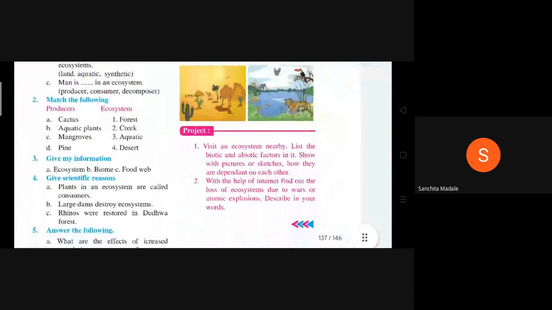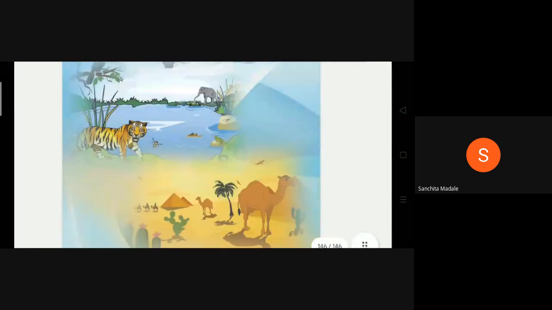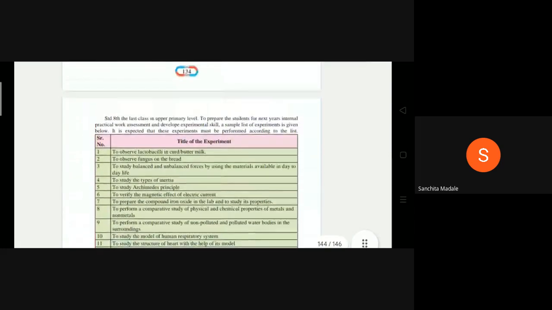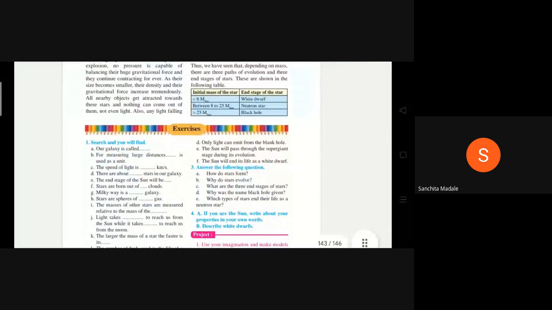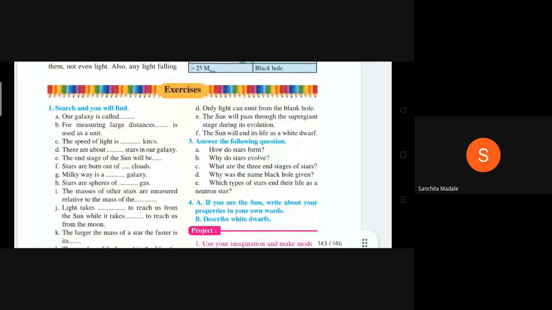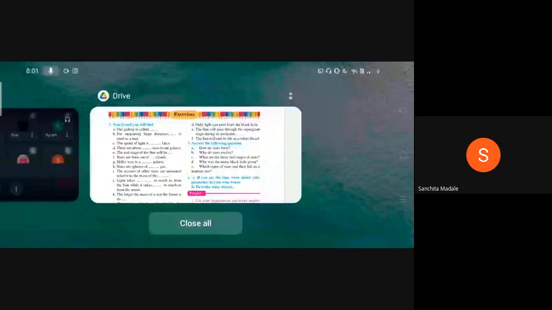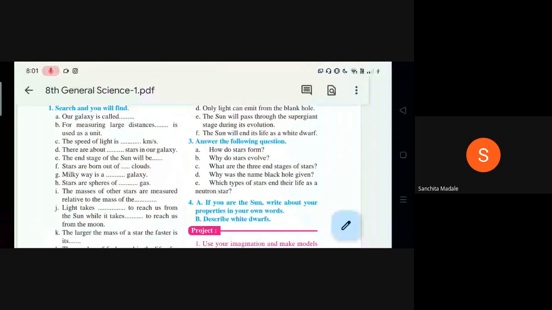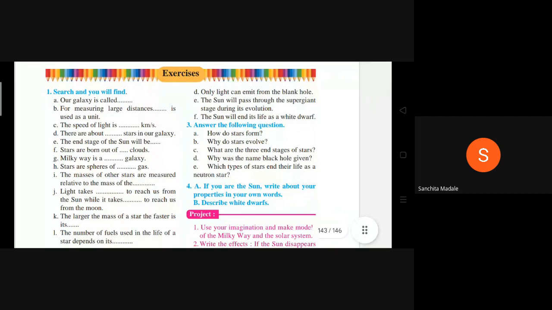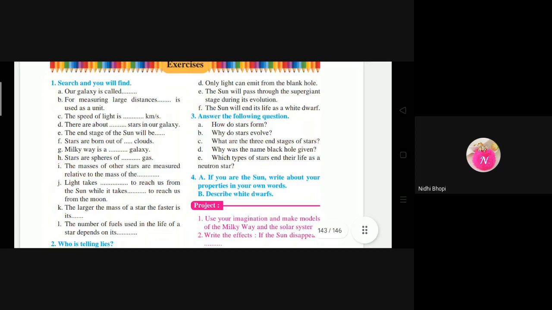Already we have done the revision too many times, but for the exam preparation, it is necessary to always read. Our galaxy is called Milky Way. For measuring large distances, light year is used as a unit.